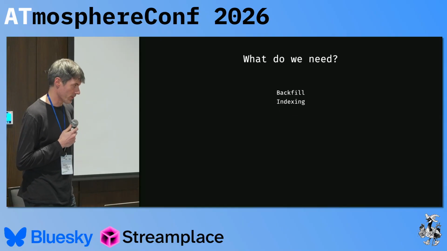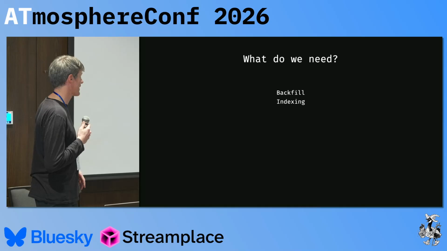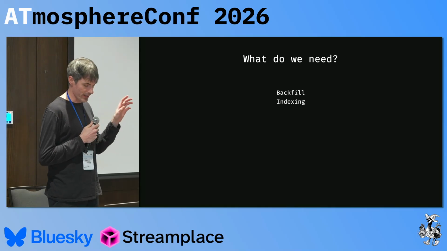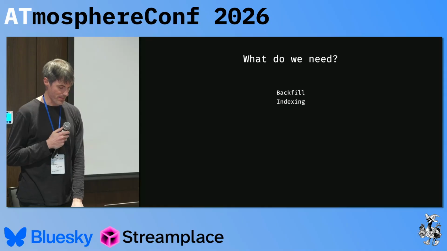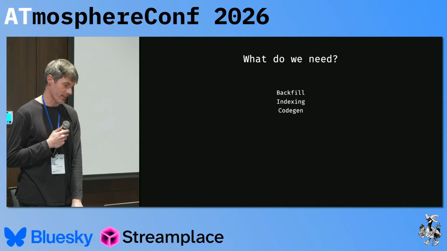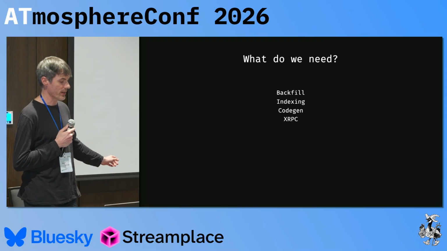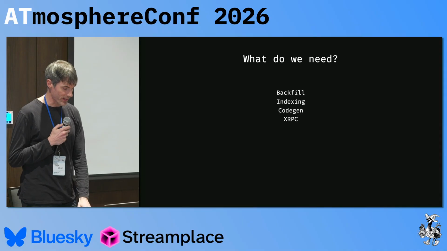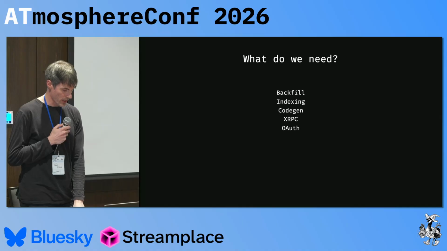Indexing, so you need some sort of layer to translate the lexicon records into your database. And then there's some kind of code gen aspect, which works with the lexicon definitions, again, with the XRPC endpoints. Usually when you're working with lexicons, you want type safe endpoints against those.